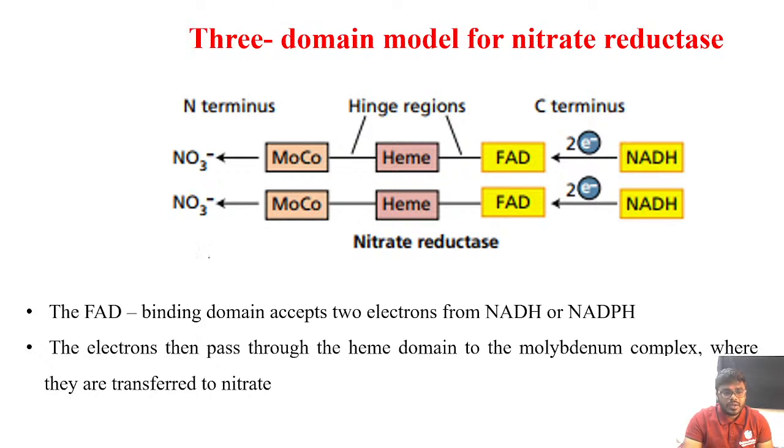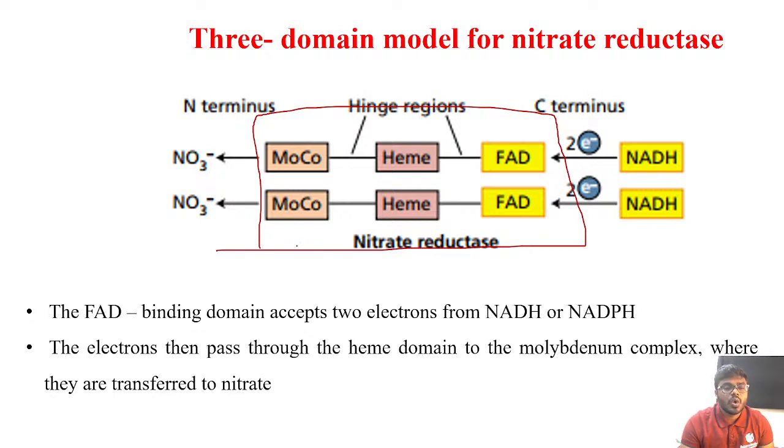Now this is the structure of the nitrate reductase enzyme. My friends, who is the electron donor for the nitrate reductase enzyme? The electron donor is NADH. Very simple. What is NADH doing here? Everyone look into the diagram. NADH sends the electrons to FAD. FAD sends electrons to the heme.